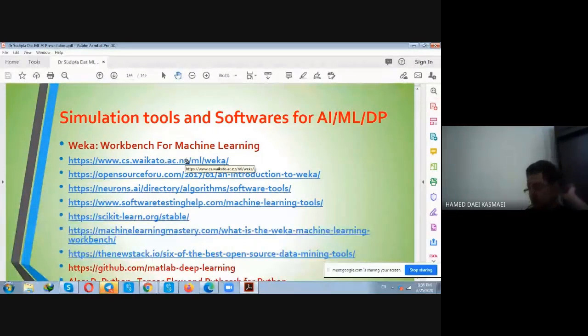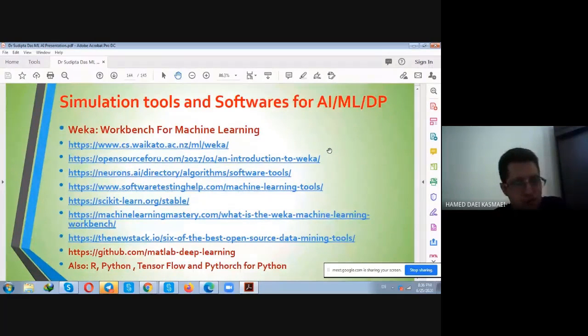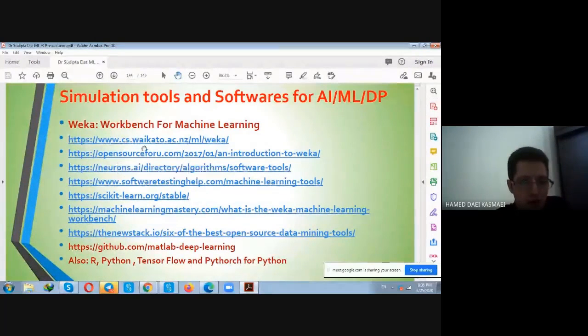For a long time, I was searching for many good tools for machine learning, but lastly I found that it is here for you for more study. WEKA is open source, and there are neurons.ai, scikit-learn software that is very important, and about 6 other open source data mining tools, and also MATLAB deep learning. MATLAB is one of the good software for neural networks and simulation. Also R, Python, TensorFlow, and PyTorch for Python.